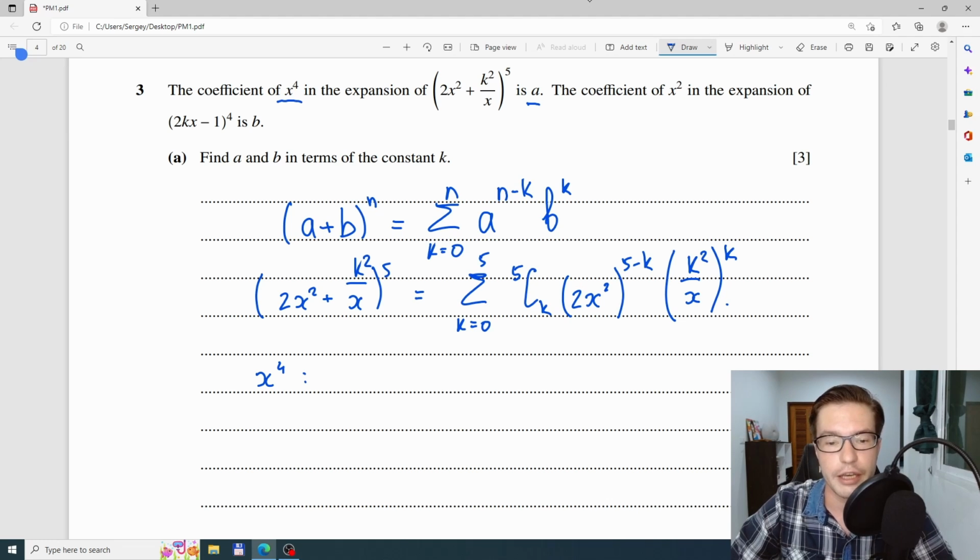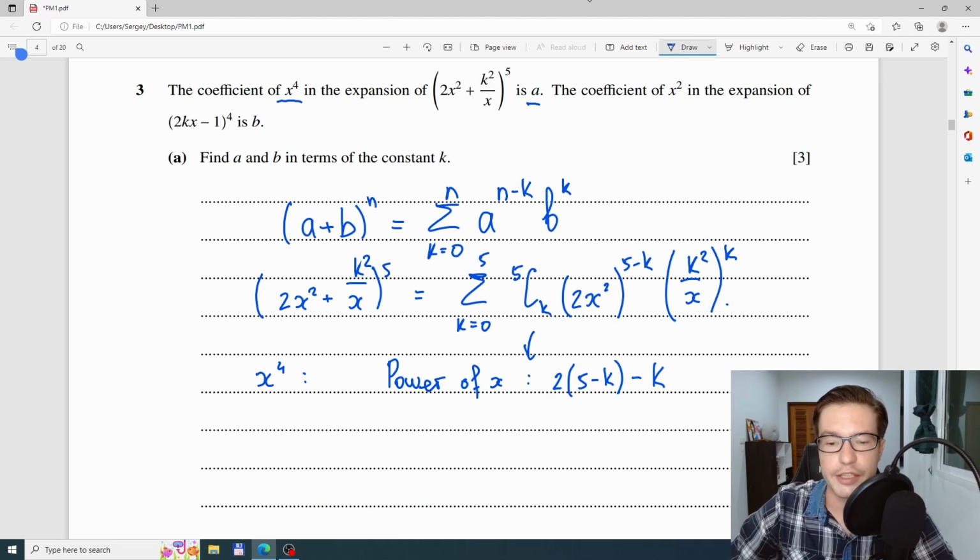Let's find it out. In order to do so, I will only look at the power of x in this formula. So the first term, (2x squared) to the power of 5 minus k, would give me x to the power of 2 times (5 minus k). And the second term, k squared over x, to the power of k, would give me x to the power of minus k.